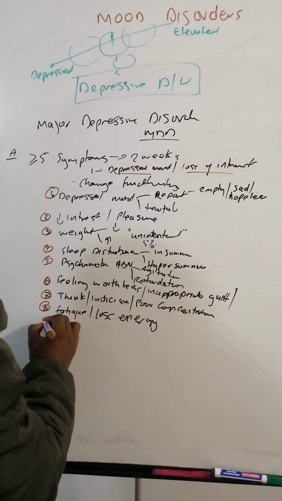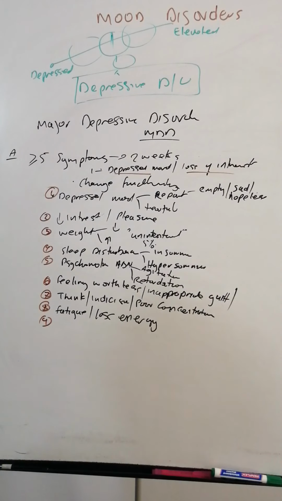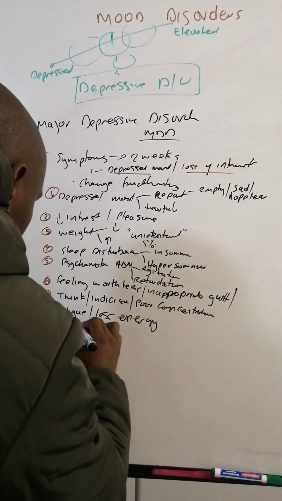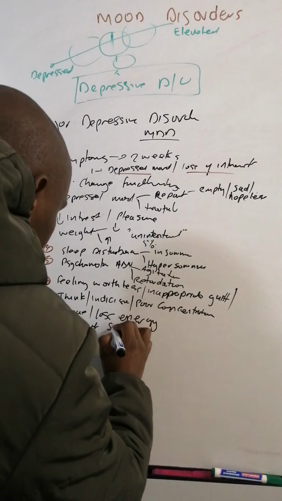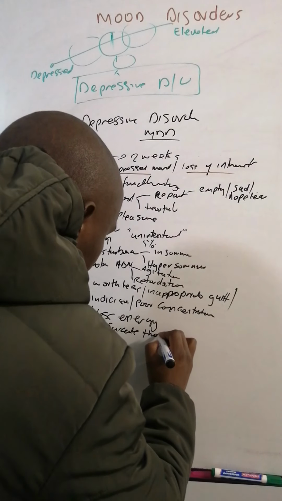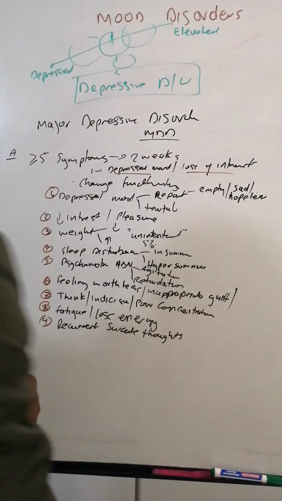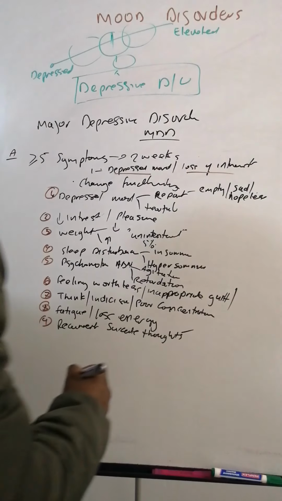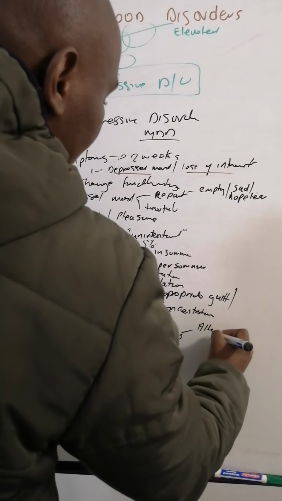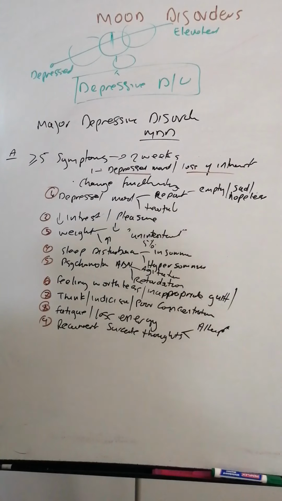And also, they might have recurrent suicidal thoughts. And this can go as far as attempting suicide. Or they can just have thoughts without a plan, or they might have thoughts with a concrete plan. So it can stretch that far.